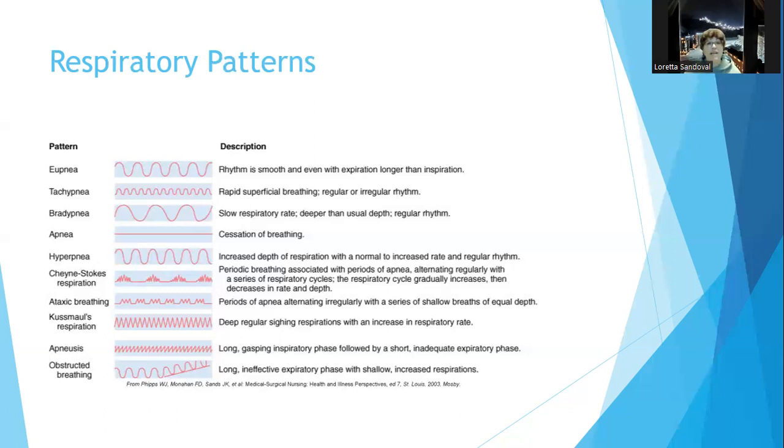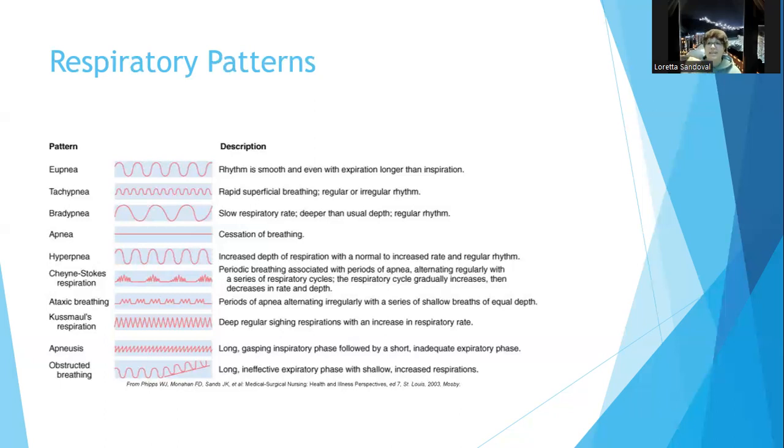We talked about regular sighing respiration with an increase in respiratory rate. It could be caused by something as simple as strenuous exercise. Apneusis is a long gasping inspiratory phase followed by a short inadequate expiratory phase. So you tend to store extra air in your lungs.